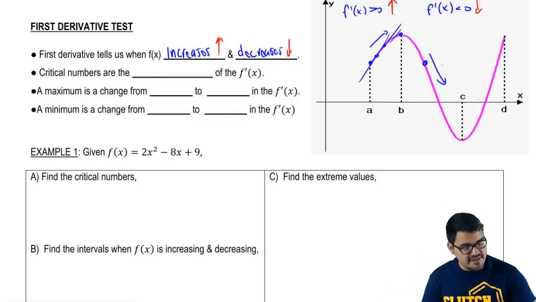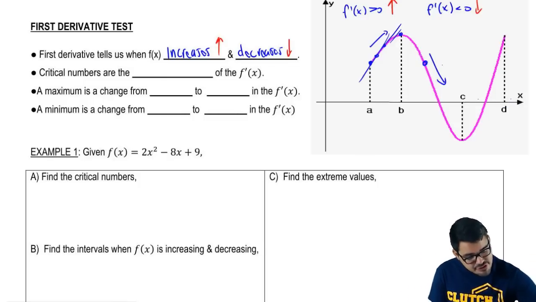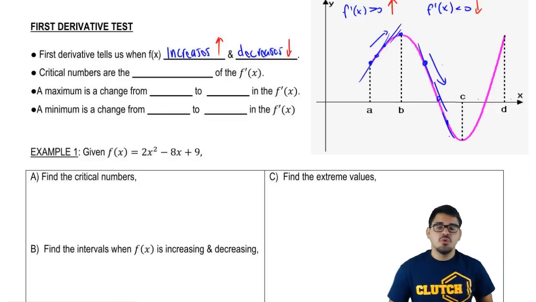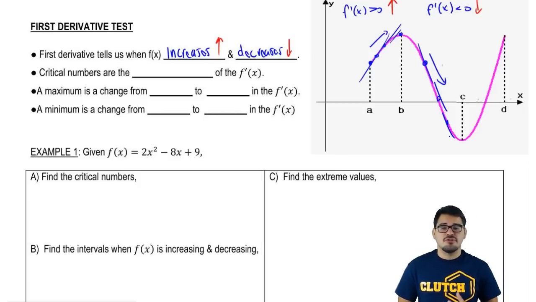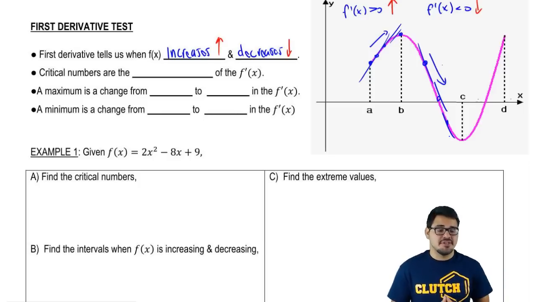Now on this side, where our derivative is negative, every slope of the tangent line is going to be negative, right? So we bring back the connection between slopes and derivatives with our graph. So pretty much whenever the first derivative is negative, our function is decreasing, and whenever the first derivative is positive, our function is increasing.